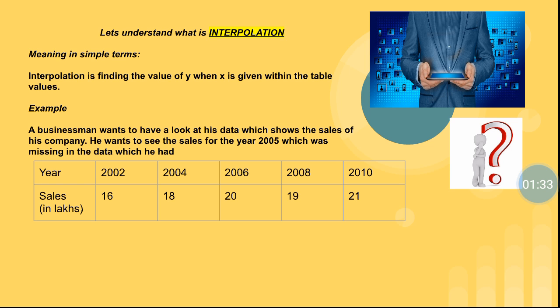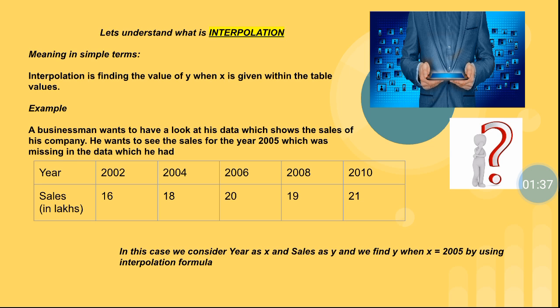In such cases, we can make use of interpolation by taking year as x and sales as y. We can estimate the value of sales approximately for the year 2005, which is in between 2002 and 2010.